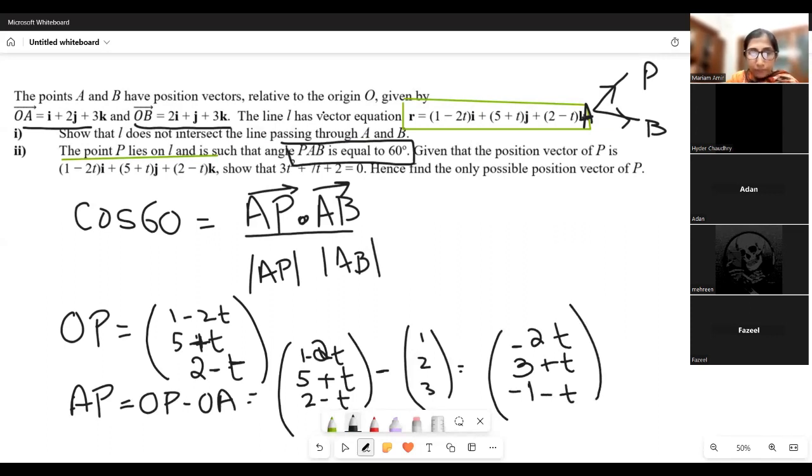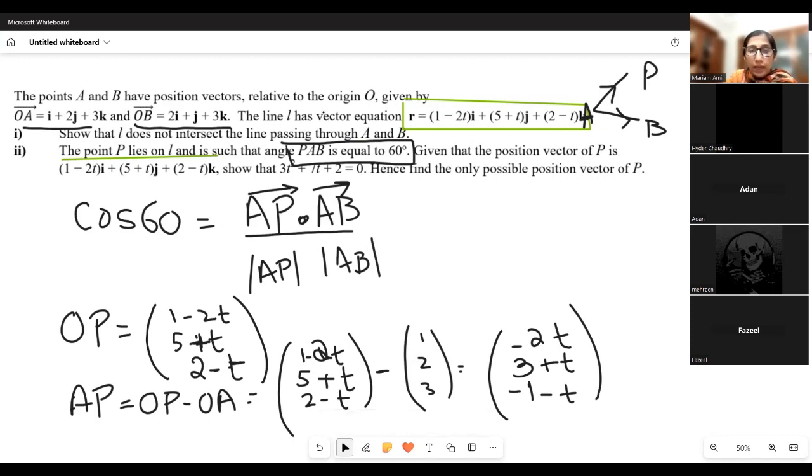Let me double check. Minus 2, 5 plus t, 2 minus t. We're finding AP, so we subtract from OA, 1, 2, 3. So that's minus 2t, 3 plus t, and minus 1 minus t.